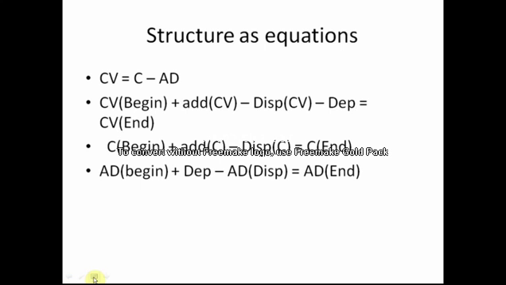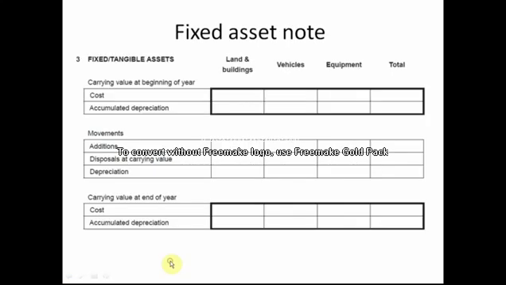mathematics. One last thing that I need to point out in terms of the fixed asset note is that the carrying value for a particular asset, if it is still in use, it has to be at least R1.